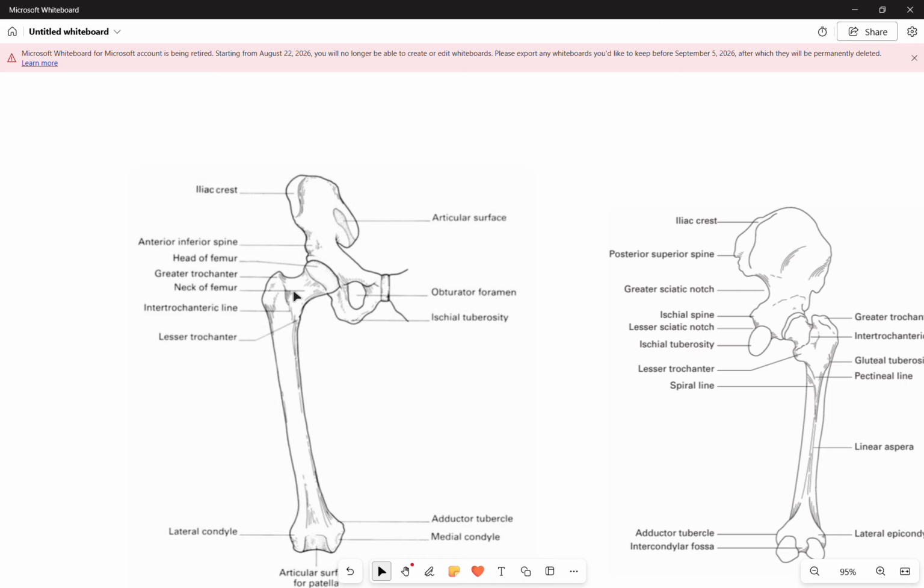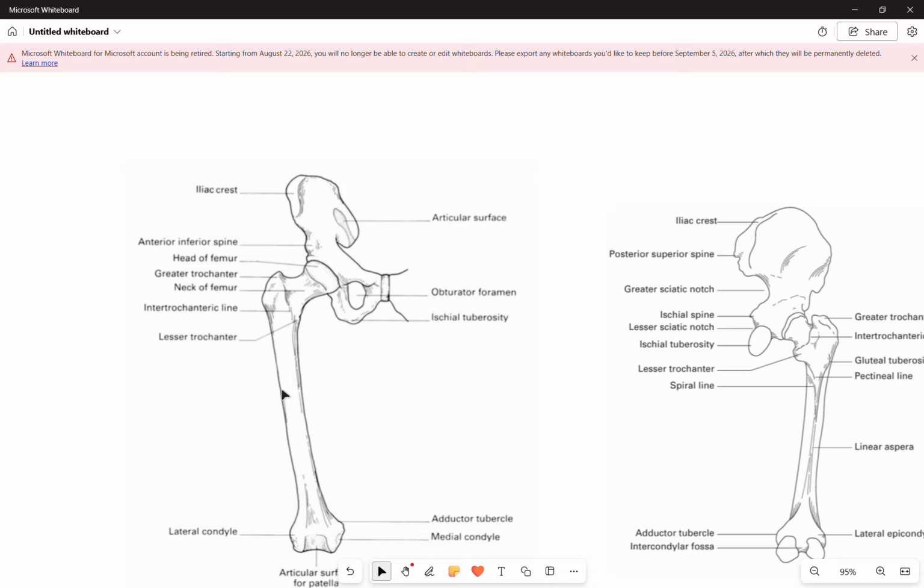It has got a neck and a junction between the neck and the shaft, which above is the greater trochanter, more lower down and posteriorly is the lesser trochanter, and in between is the intertrochanteric line.